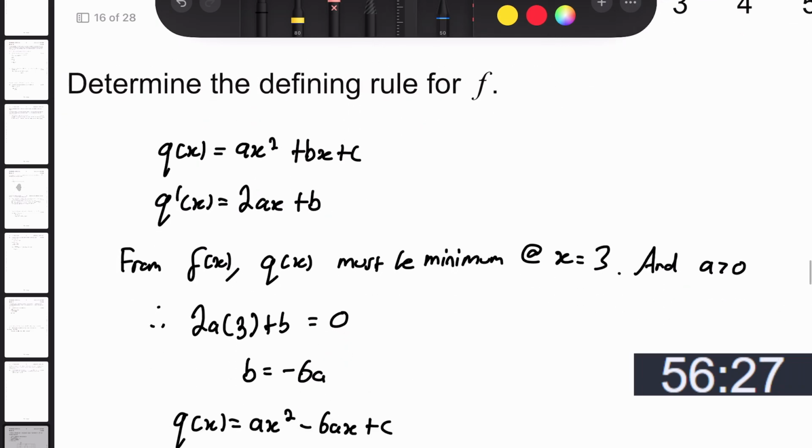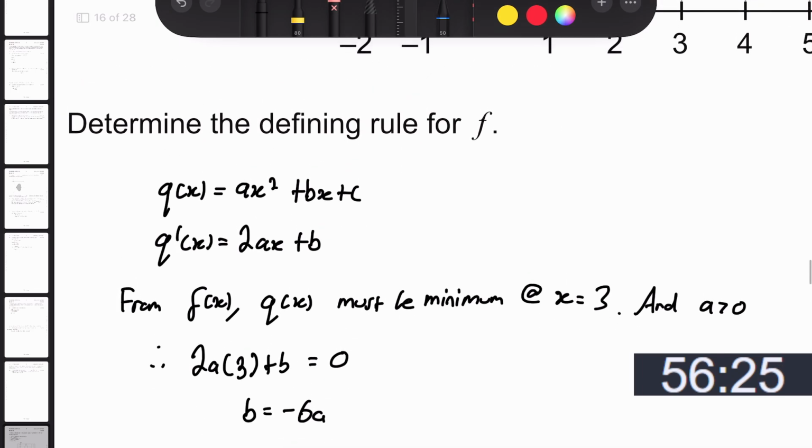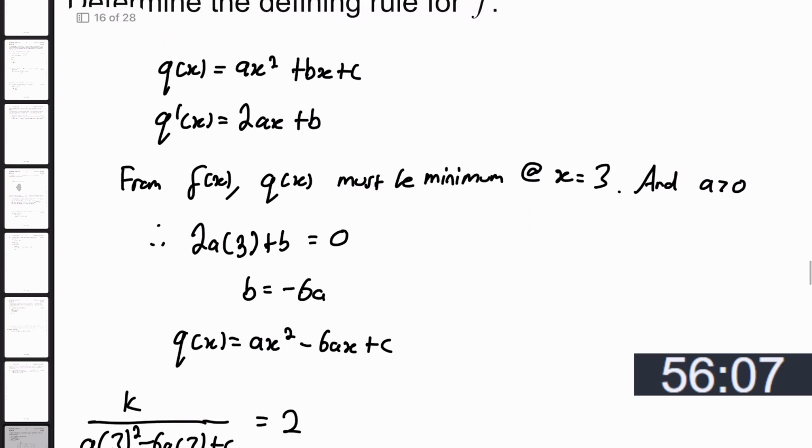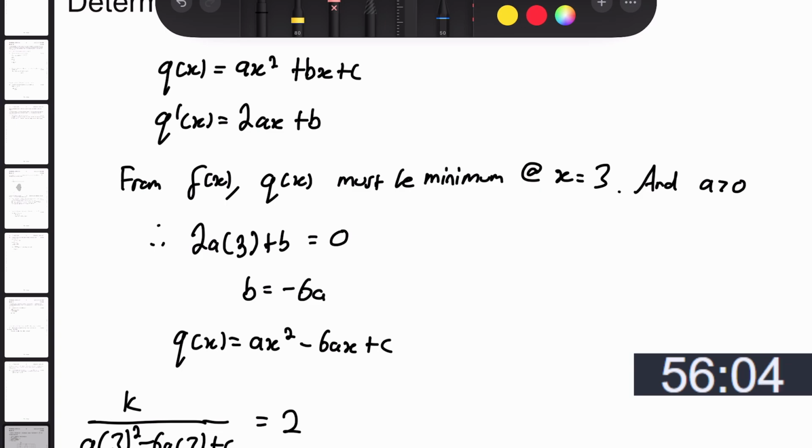As we move to x equals 3, so 2ax plus bx, and 6a. Why can I not get an answer for this?